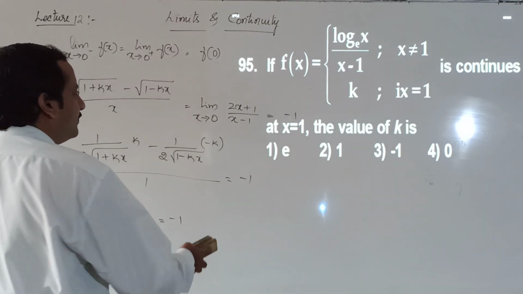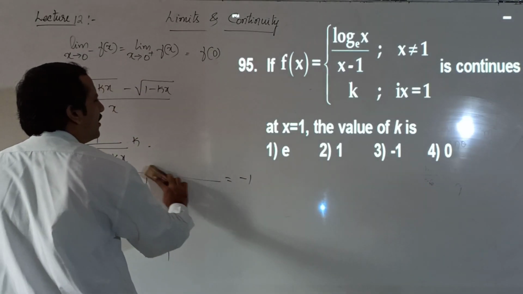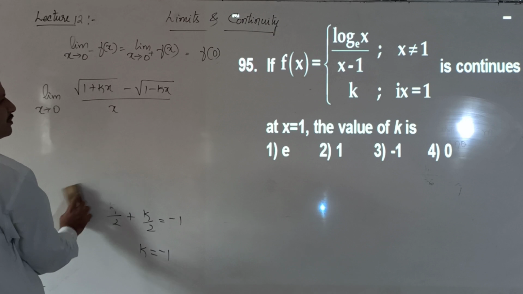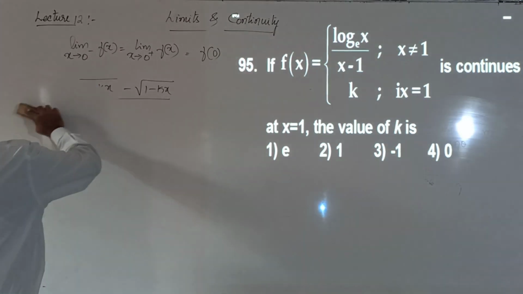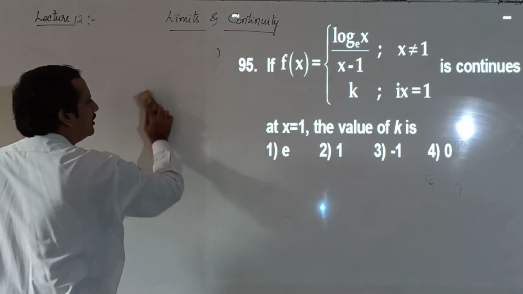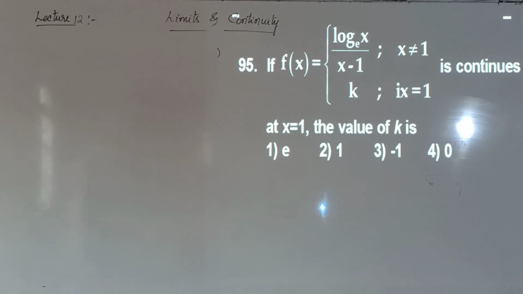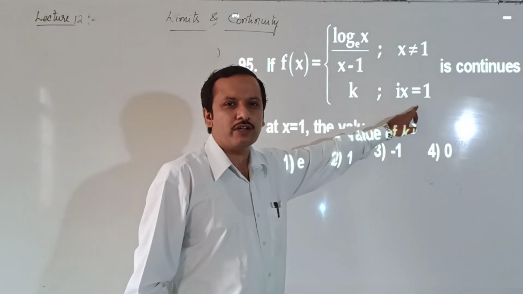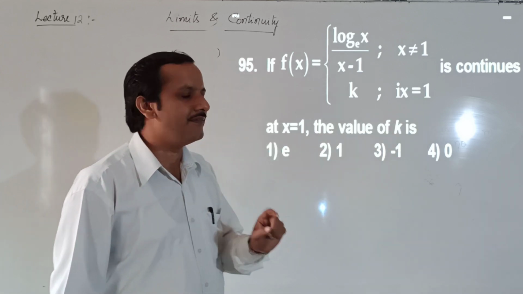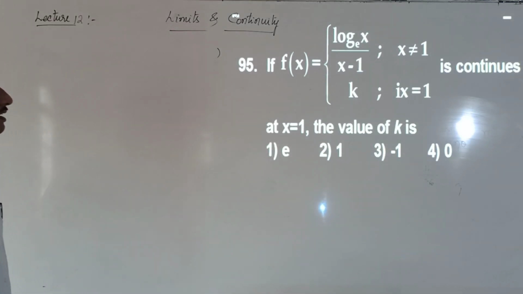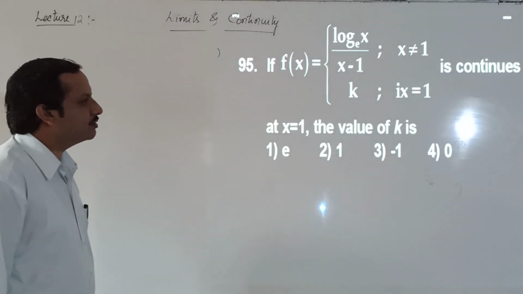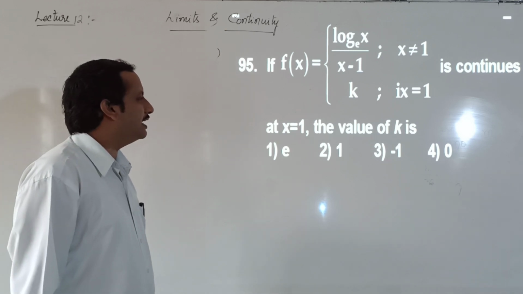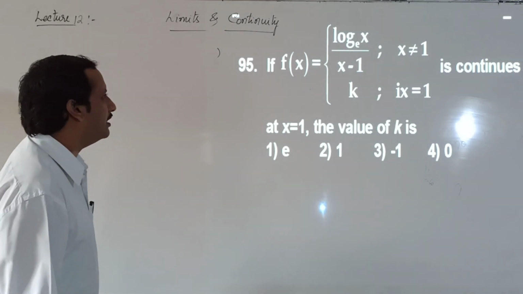Okay, next. If f of x is equal to log x by x minus 1 when x is not equal to 1, and k if x is equal to 1, and f is continuous at x equal to 1, then the value of k is.